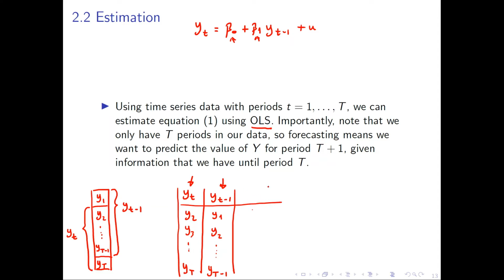What I would mention is that as you're taking this lag, you're reducing the sample size by 1, because when you take this yt minus 1, there is no corresponding one period lag for the first instance, or the first data point, because that would be y0, and we don't have that in our data set.